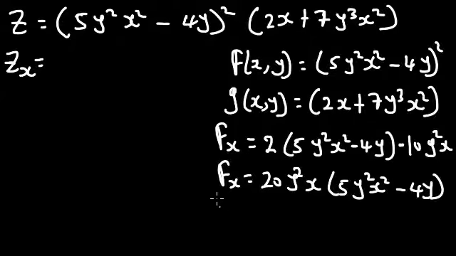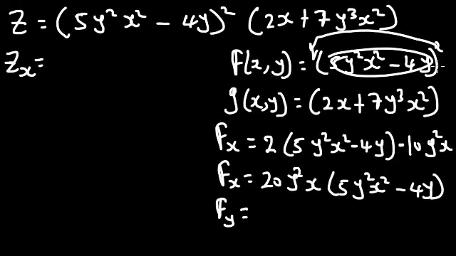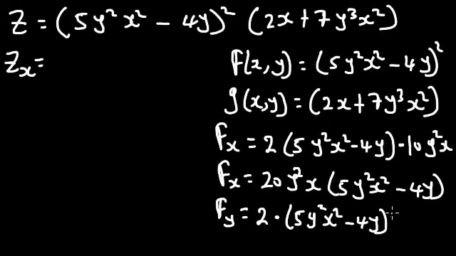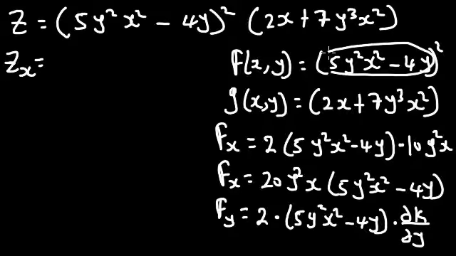Now, what about f sub y? To get our f sub y, the process is the same. Basically, we take this to the front, multiply with the entire function, and then at the end multiply with the k sub y. So if this comes to the front, we have 2 multiplied by the whole function, 5y squared x squared minus 4y. Then we reduce it by 1, that's just 1. Then multiply by the k sub y. Remember, this is what k is.